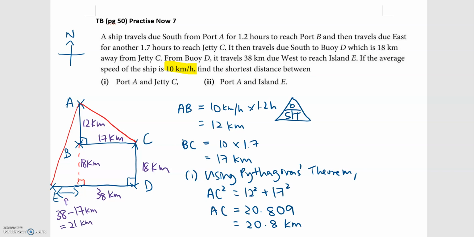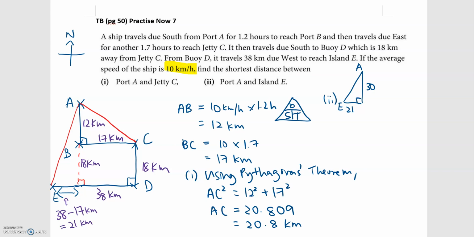Okay, so I will form my own right angle triangle for part 2. I have 21. I have, this is 12 plus 18, so 30 kilometers. And this is the distance between A and E that I would like to find.